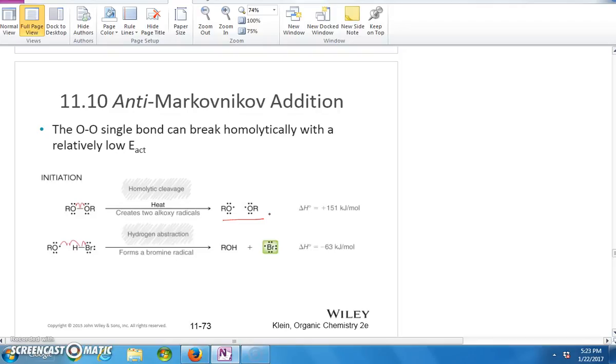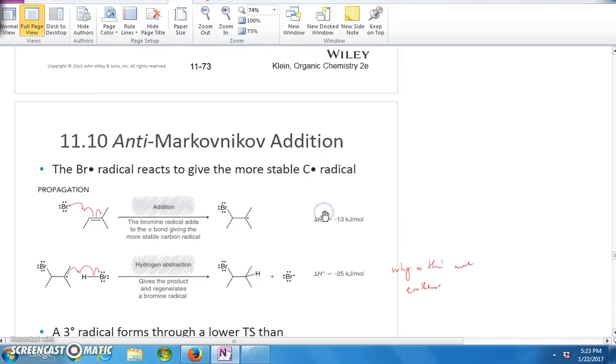There can be a hydrogen abstraction, which will lead to the formation of the bromine radical. Now, once the bromine radical forms, it undergoes an addition to a pi bond, as you can see here, with the subsequent formation of a tertiary alkyl radical, which is significantly stable.